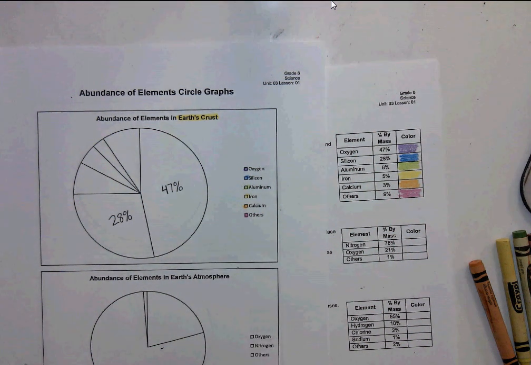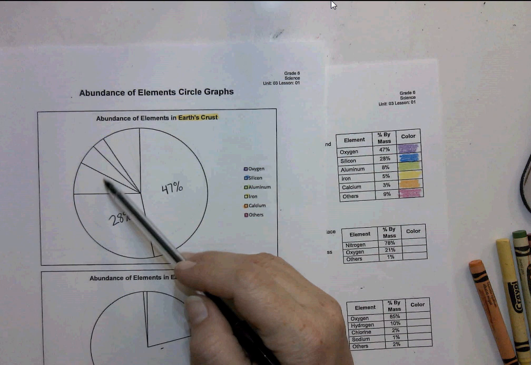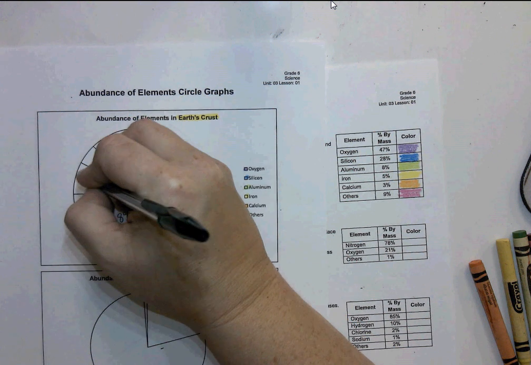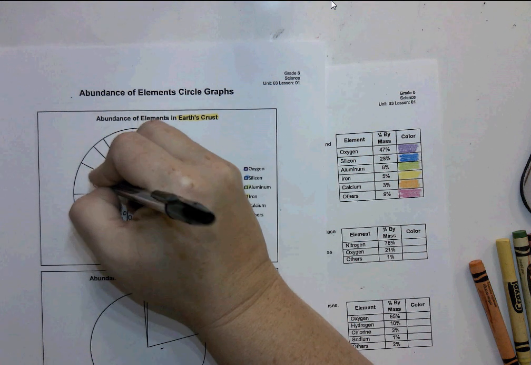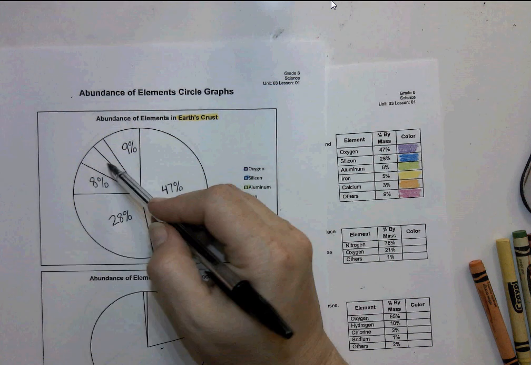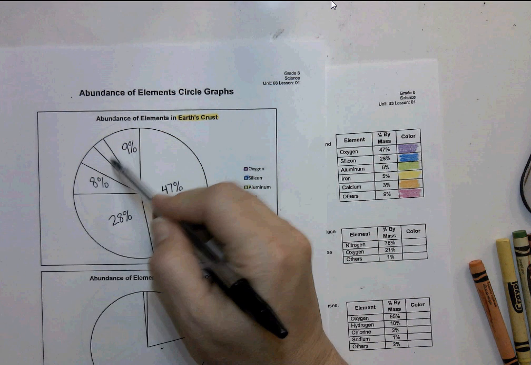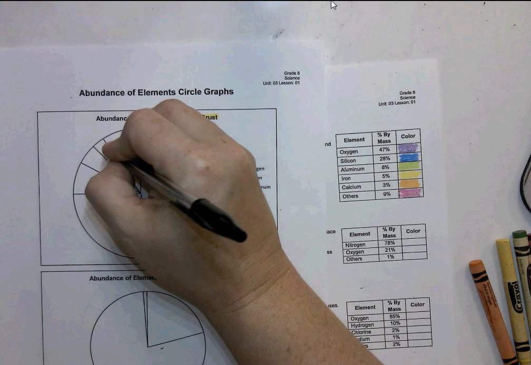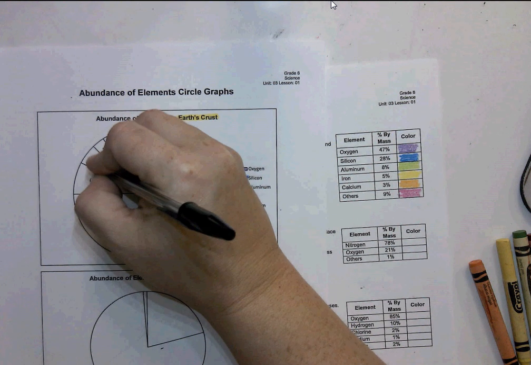My 8 and my 9 are pretty close, so I'm going to say that this is the 9% and this is the 8%. If they were reversed, it would be okay. And then I've got these 2, which would be the 5 and 3. This one's smaller, so this is going to be the 3%, and this one's going to be the 5%.